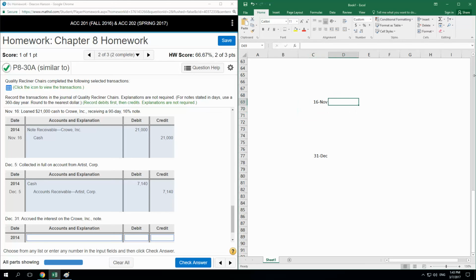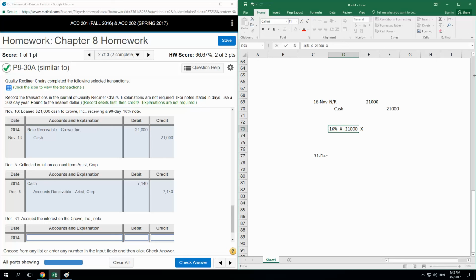So on November 16th, we had a note receivable debit and a credit to cash. I'm kind of redoing it here. And this note was to be at 16%, so 16% rate, and the principal is $21,000.